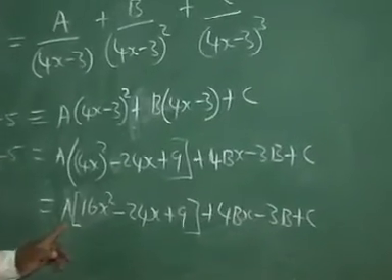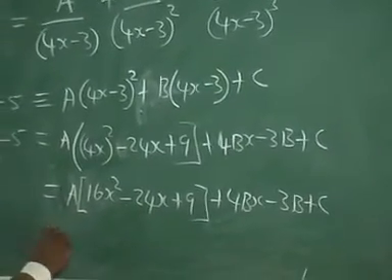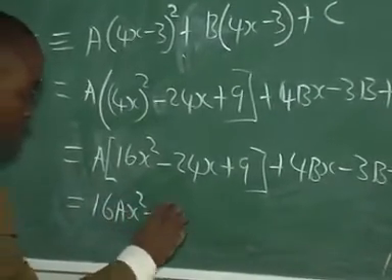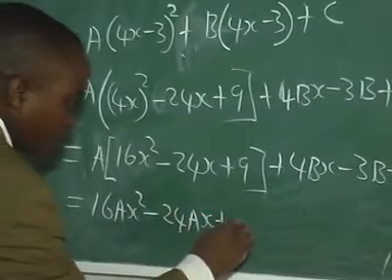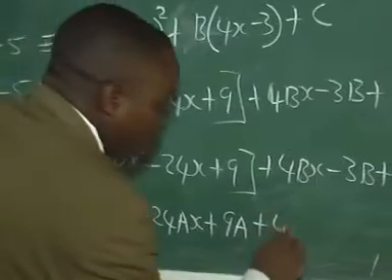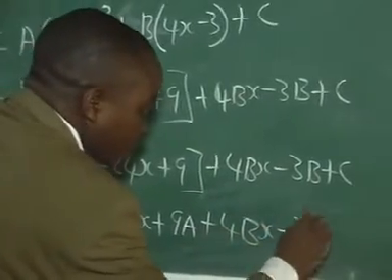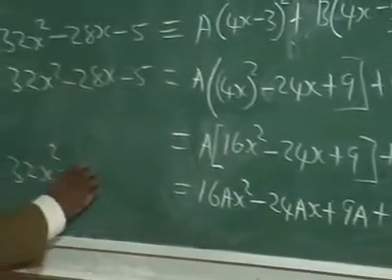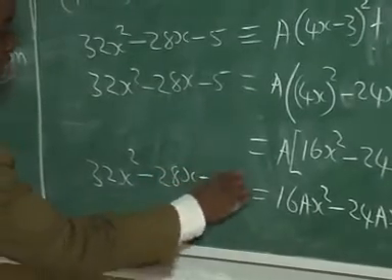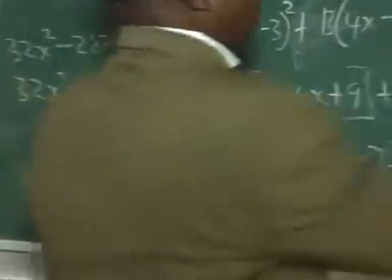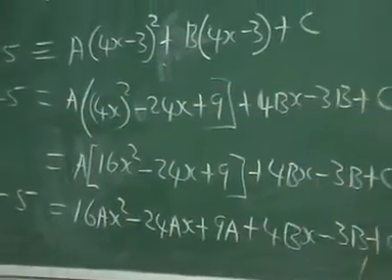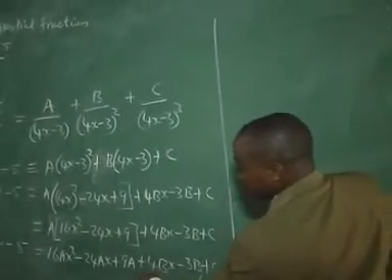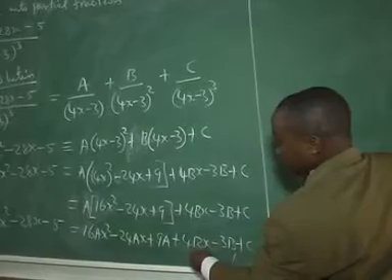Then we use A to multiply here, where we have 16ax squared minus 24ax plus 9a plus 4bx minus 3b plus c. That is, 32x squared minus 28x minus 5 is equal to this. Then, collecting like terms, the ones that carry x, we'll collect them.